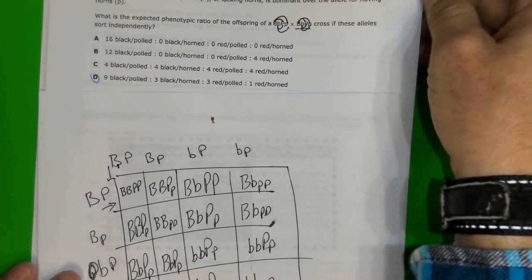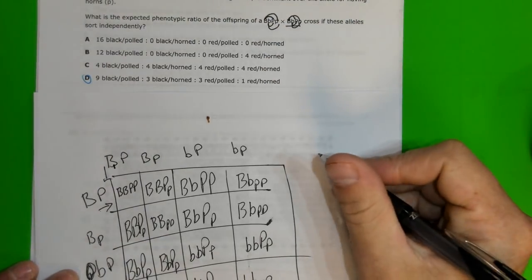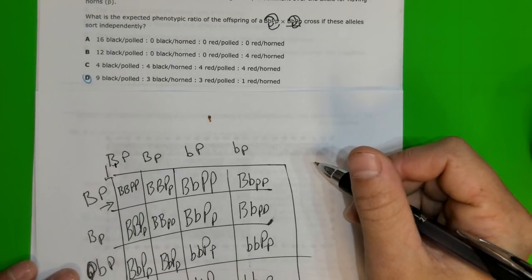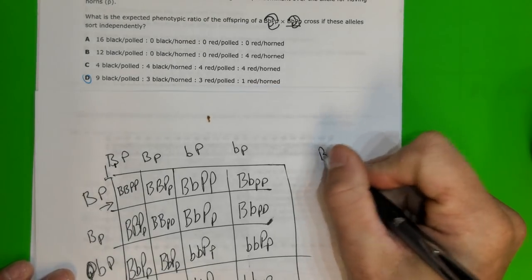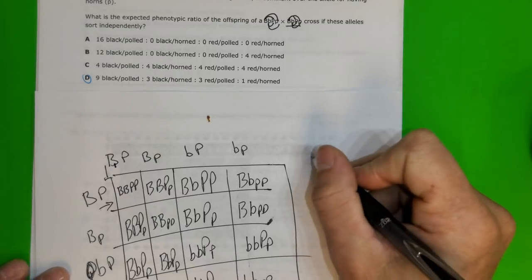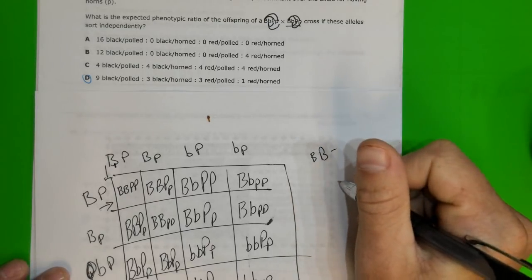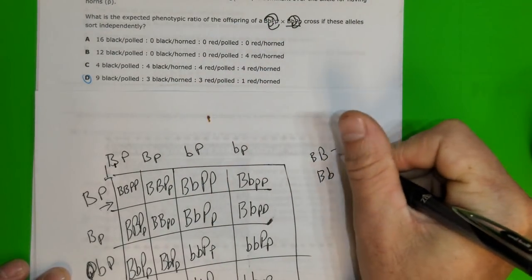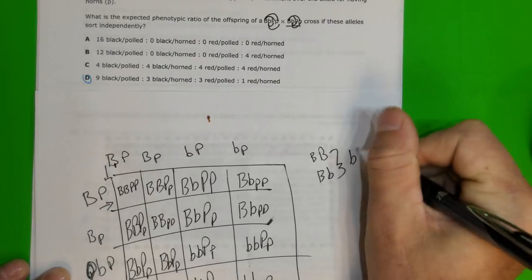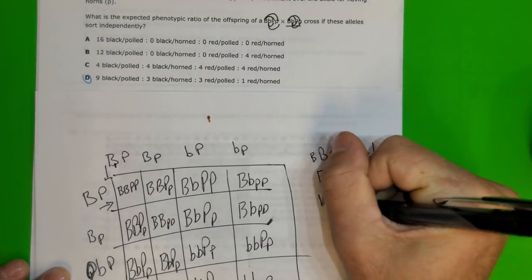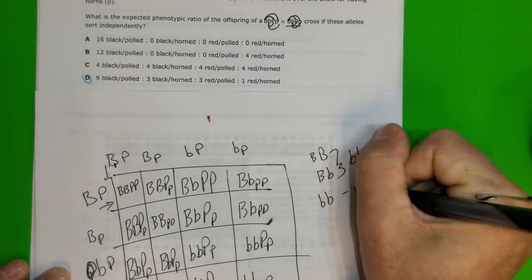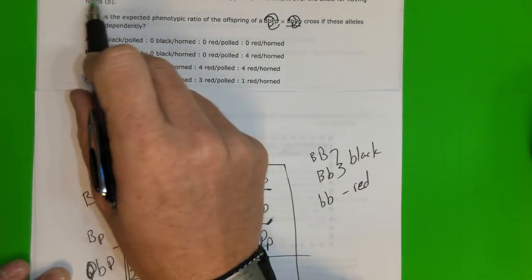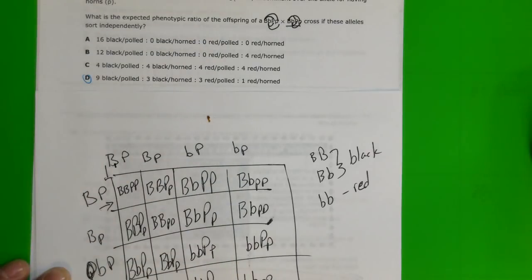So if we're looking at this, we want to know what is the phenotypic ratio of this. Okay, so black has to have a big B. So big B is dominant, so big B, little b is going to be black. Little b is going to be red because it says black is dominant, so red is 2 little b's.